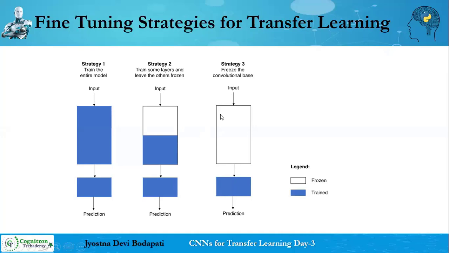So the weights of the convolution blocks, whatever you are using for your task, are the same as those obtained by the VGG 16 model while it was trained for the ImageNet dataset. So that's what the third strategy is. And of course, fully connected layers, you are allowing them to train. That means fine tuning is happening at this place. So that is what fine tuning is, and these are the strategies for fine tuning.